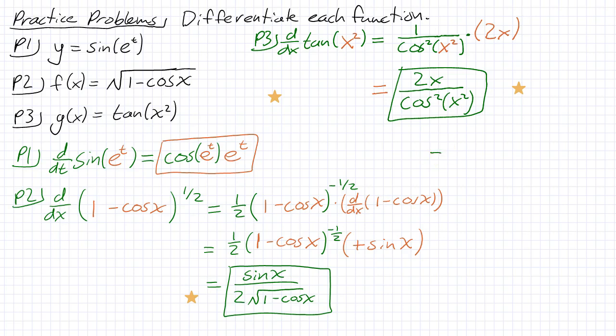Positive sine of x is what you get when you do negative sine of x. So the derivative of cosine becomes this negative sine of x, but then it was negative on the outside, so that's that one. And anyways, they cancel out, and you get positive sine of x. And you could also write it in this way if you like.